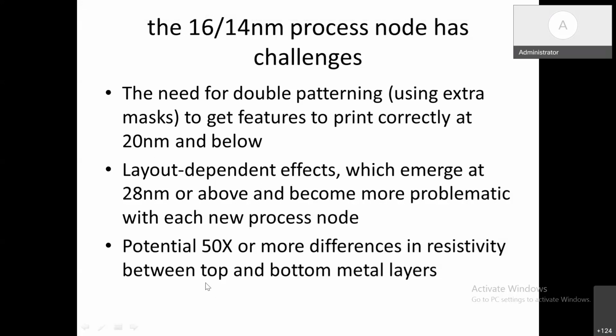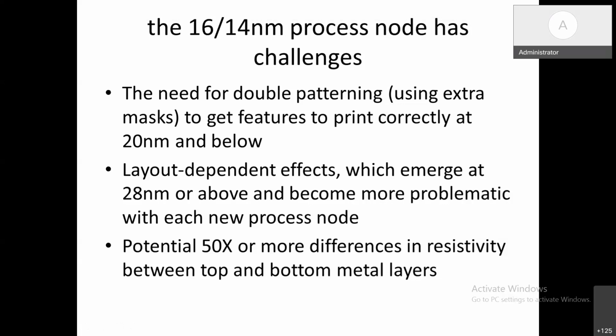And one of the other challenges: when we have the layers in the multi-gate FinFET, we can have more than 2 or 3 gate layers or more than 2 or 3 fin layers. In that case, the resistivity between the top and the bottom layers varies.